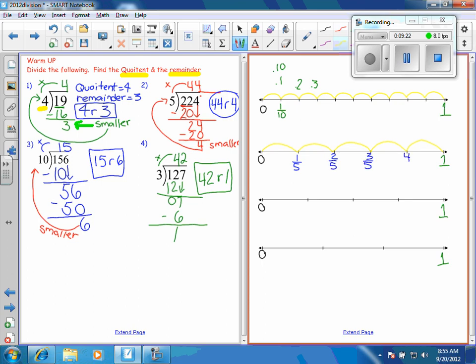4 fifths. And if I think of this as a whole dollar, Eric, what's 1/5 of a dollar in money? Decimals. Divide 100 pennies into 5 parts. You want some help?